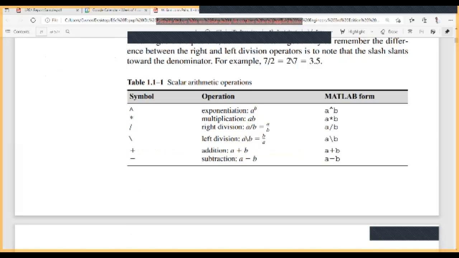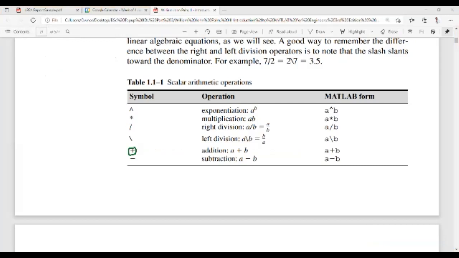Okay. So now plus addition. Addition is the same thing in MATLAB. Because addition is the same thing, I think you should watch out for raising a number to a power, multiplication, right division, and left division.